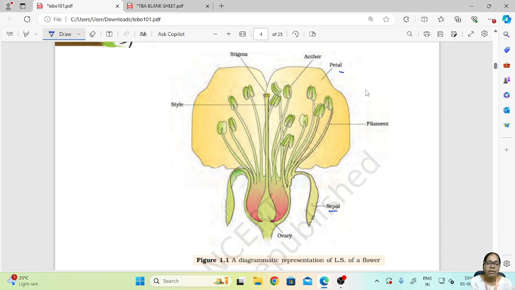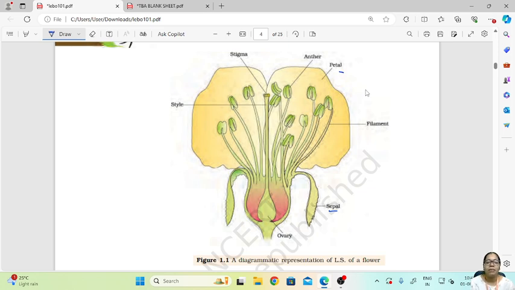Then comes the middle structure, which is the female reproductive part, which consists of the stigma, then the long pipe-like structure which connects the stigma to the ovary, called the style, and then the ovary, which consists of the female gametes, that is, ovules. So this is the overall structure of a flower, wherein there are accessory organs, which are the petals and the sepals, which form the calyx and the corolla of the flower.